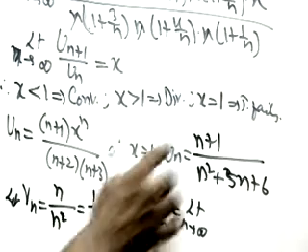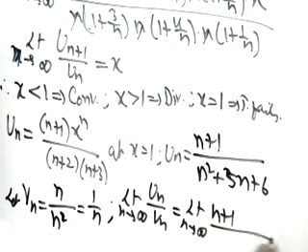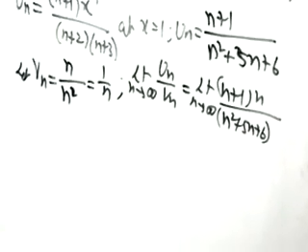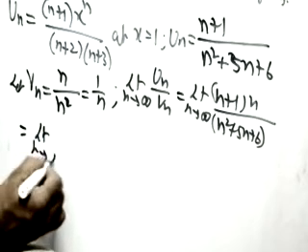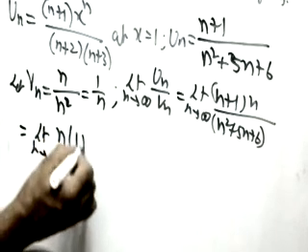Limit n tends to infinity. What is un? The value of un is n plus 1 divided by n square plus 5n plus 6. This 1 by n will come in the numerator. Now take n square common from the denominator and n from the numerator. Limit n tends to infinity.